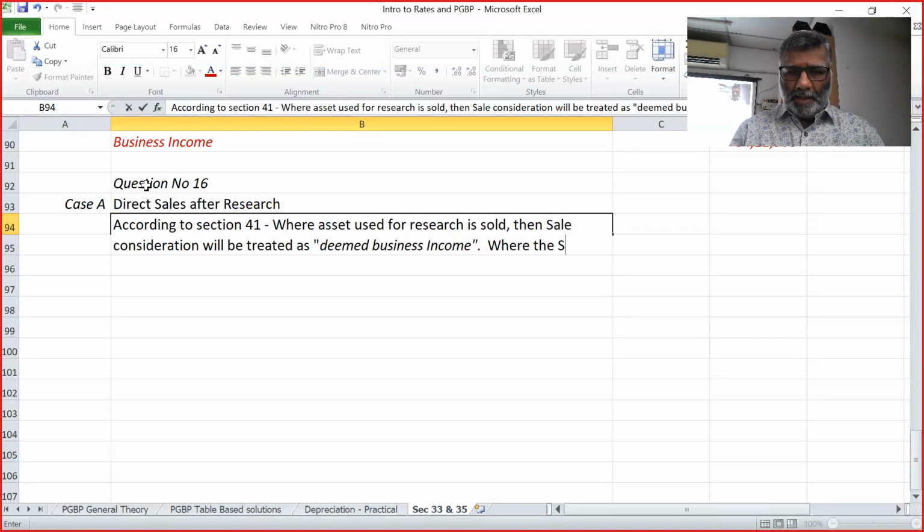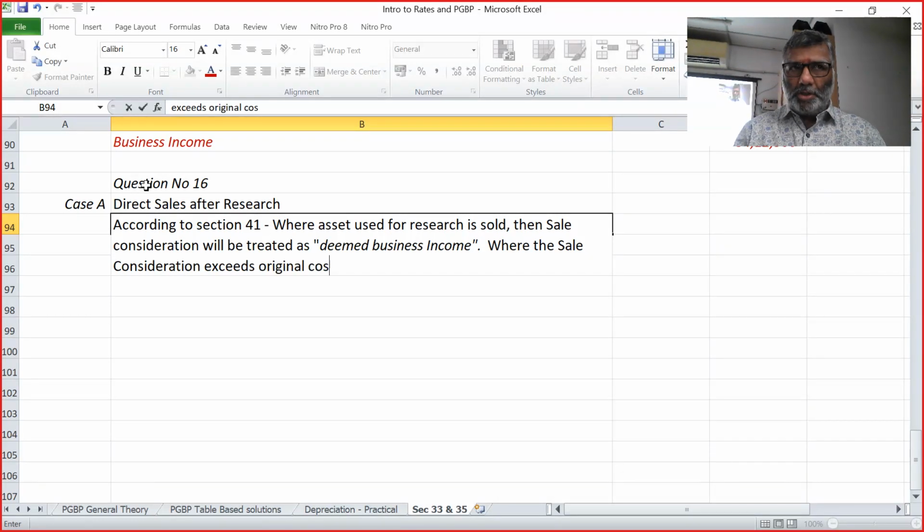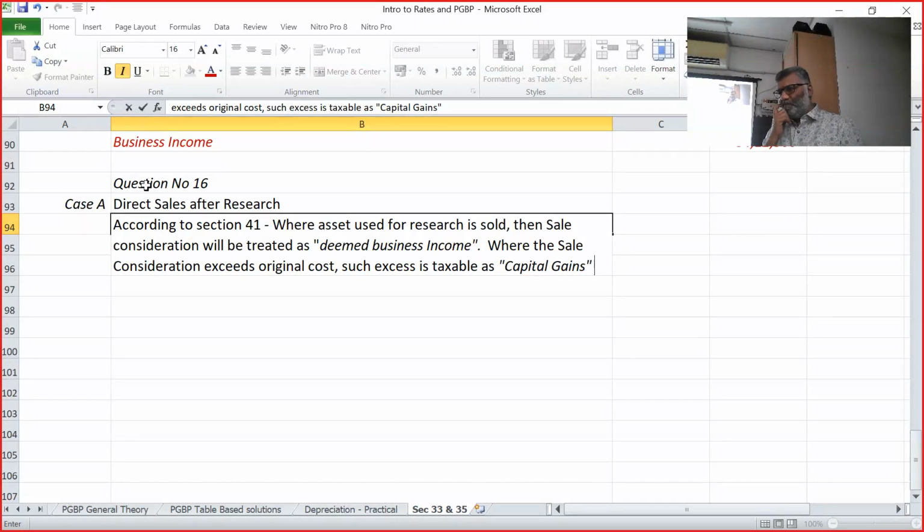Where the sale consideration exceeds the original cost, such excess is taxable as capital gains.